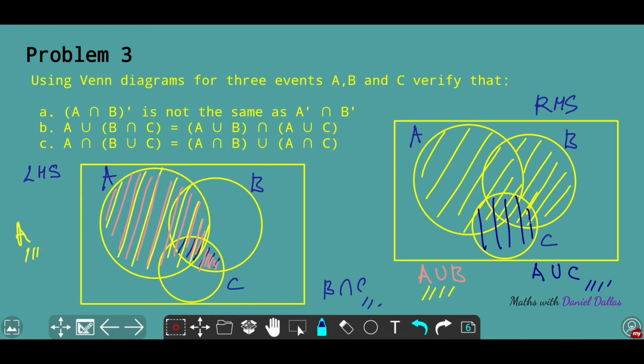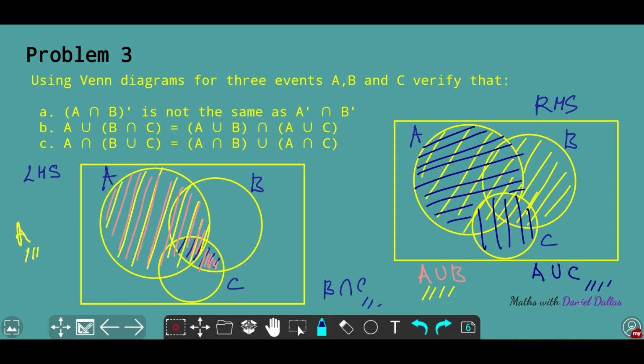Now only A. That's going to be the superposition of A and C, and this is going to be a union. Now we're going to look at the intersection. This smile down means intersection, so we're going to check only where this yellow shading intersects with dark blue.